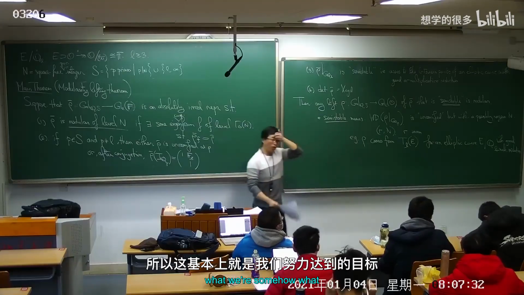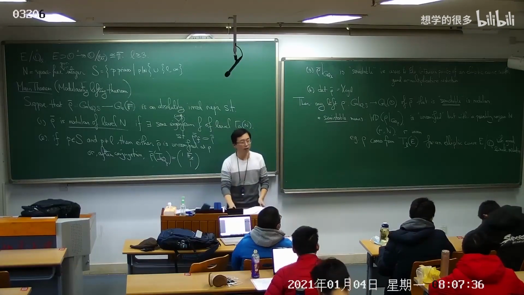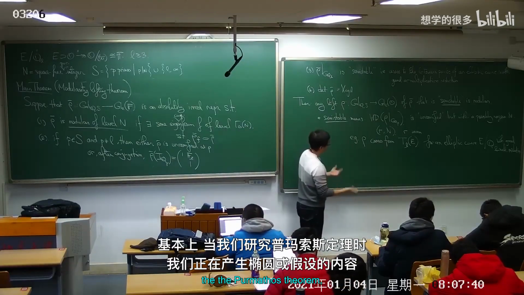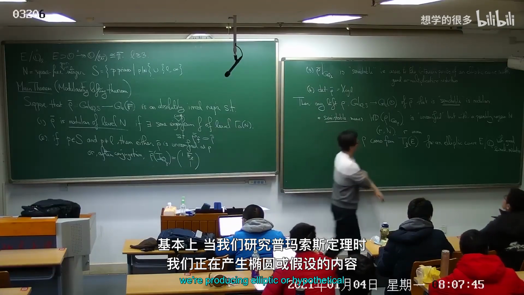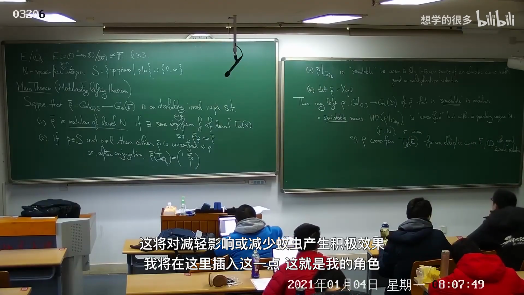So that's basically what we're trying to get towards at the end. Essentially, when we study Fermat's last theorem, we produce an elliptic curve, or hypothetical elliptic curve, which will have good or multiplicative reduction. We'll plug that into this theorem.